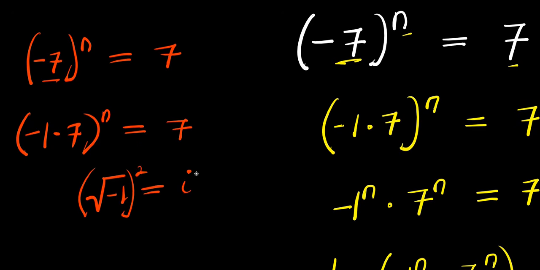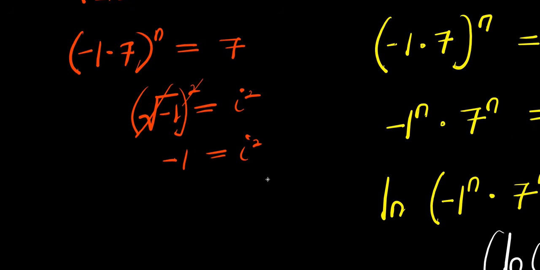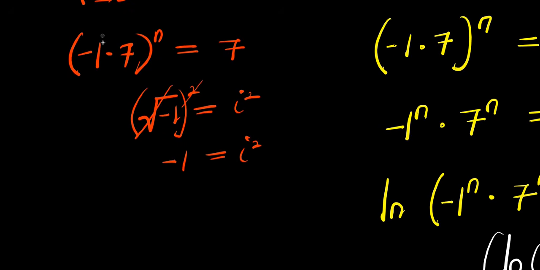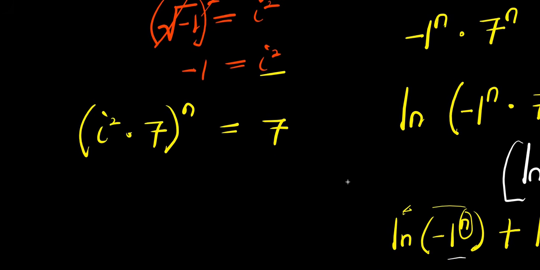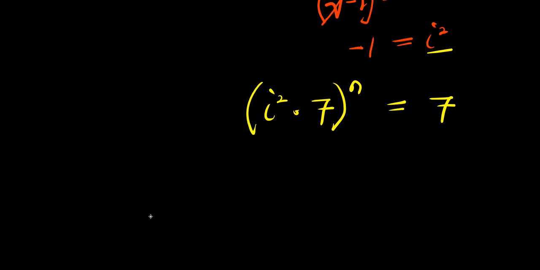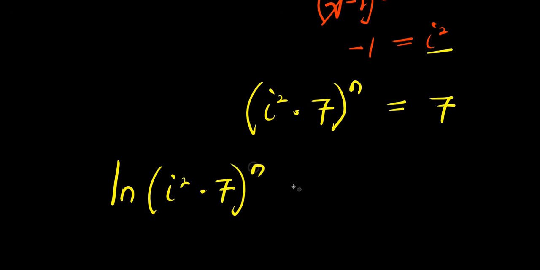If you raise this to the power of 2, that means you have negative 1 equals i squared. So this negative 1 here is i squared. So we have (i squared times 7) raised to the power of n equals 7. So what I'm going to do will be to apply natural log. I have natural log of (i squared times 7)^n equals natural log 7.